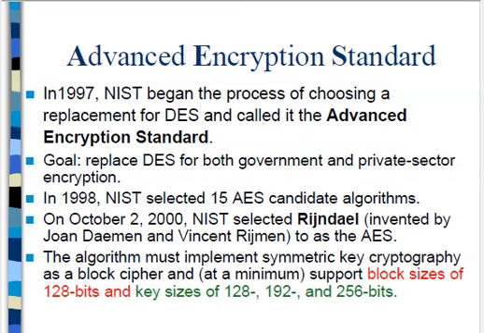When you have a plain text, it will be converted into a 4 by 4 matrix, which we call a state.